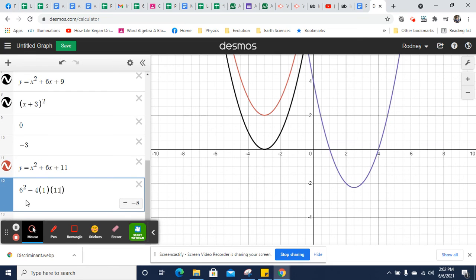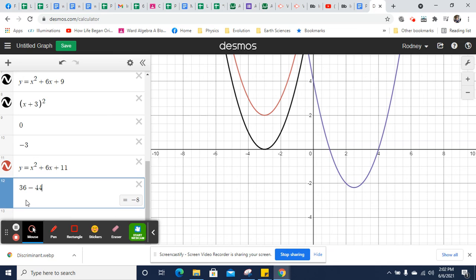So I'm going to do 6 squared, and that's going to be 36. Then I'm going to say 4 times 1, which is just 4, and 4 times 11, which becomes 44. So I've got 36 minus 44. I've got a negative 8, and we're getting the square root of negative 8.